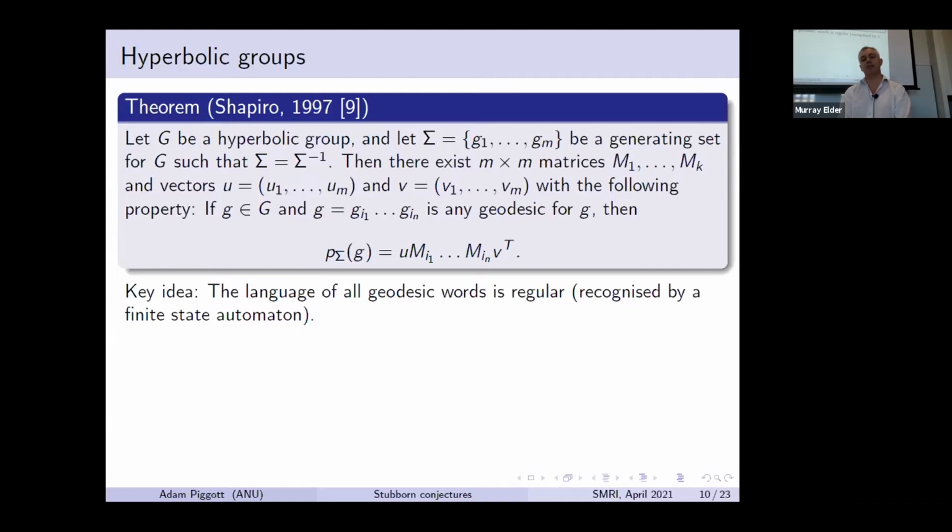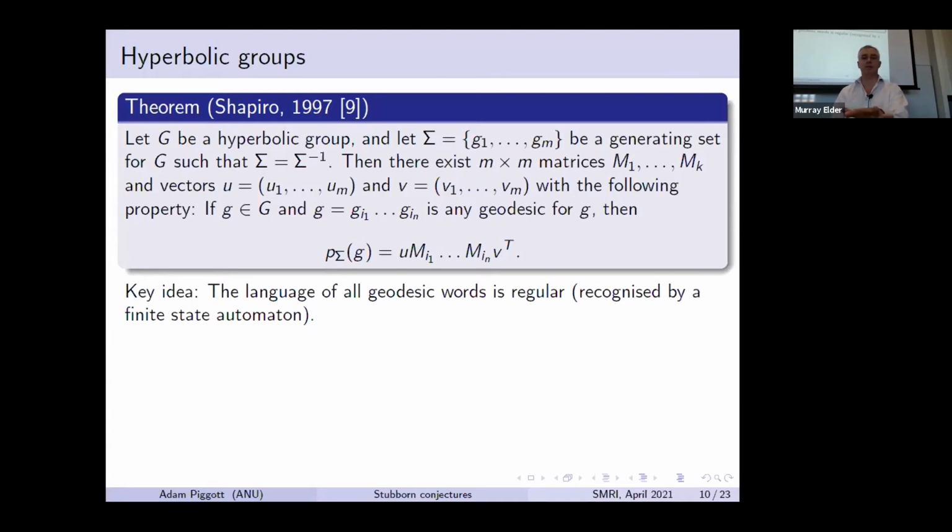And the key idea was that within a hyperbolic group, whatever inverse closed generating set you pick, the language of all geodesic words is regular. So it's recognized by a finite state automaton. So what he was doing was starting to count ways to spell the same group element within the finite state automaton.